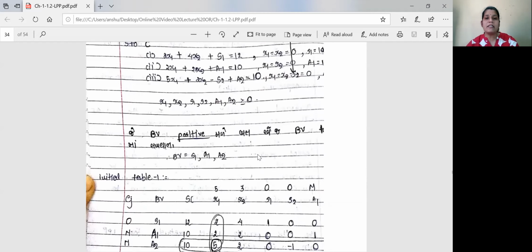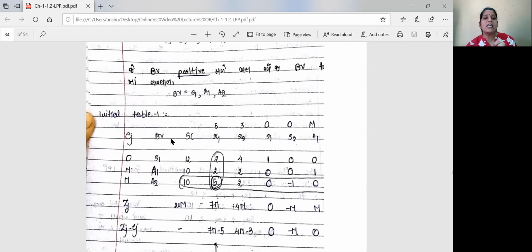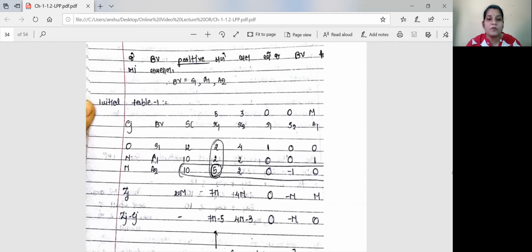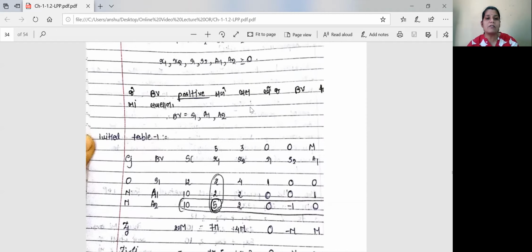In this question we find the basic variables s1, a1 and a2. So this sequence continues in our initial table according to our basic variables. We can't use s2 because s2 is a negative value, and our decision variables and basic variables are always greater than or equal to 0.